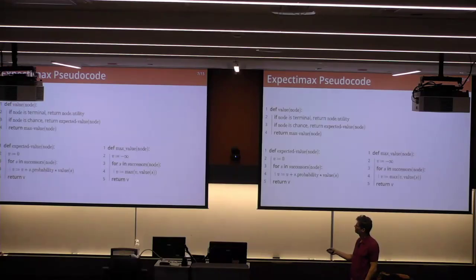If it's a chance node, then we return the expected value of the node. We go through all its children, take their probability times their value, and sum that up. Then at the top level you choose the max value among the nodes. You pick the maximum, and that is your best choice. Everybody okay with that? Sort of a silly pseudocode for what you know already.